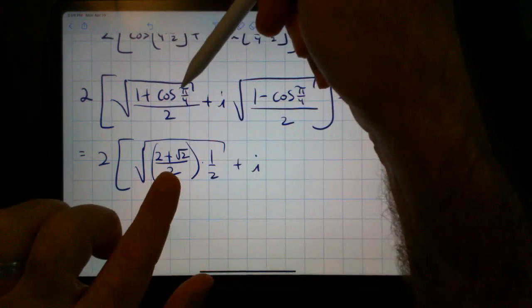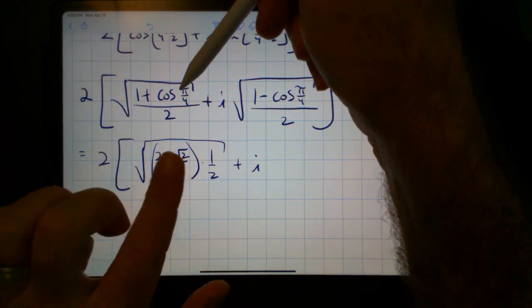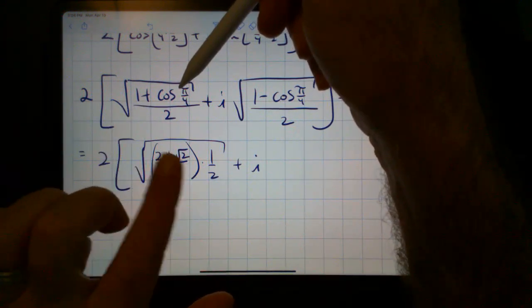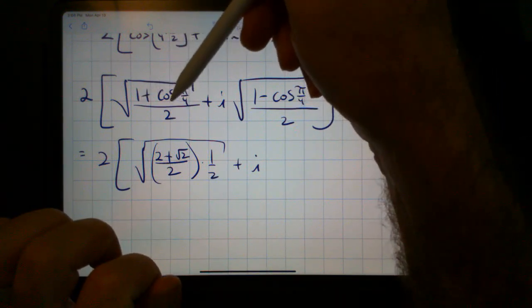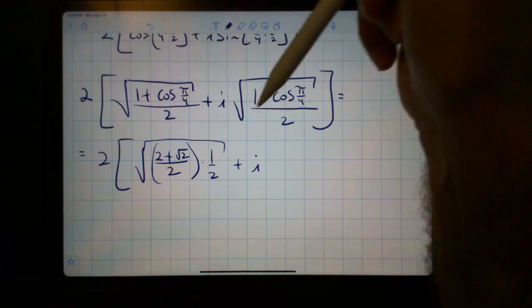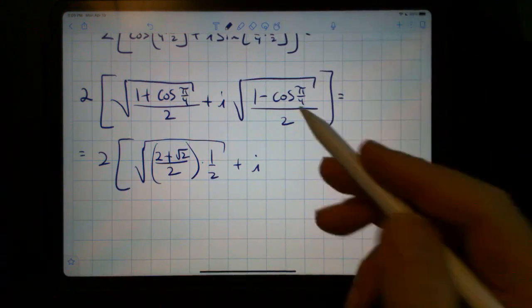So you have radical 2 over 2 plus 1, which is the same thing as 2 plus radical 2 all divided by 2. And then this whole numerator divided by 2 is the same thing as the whole numerator times 1/2. To do the same thing over here.